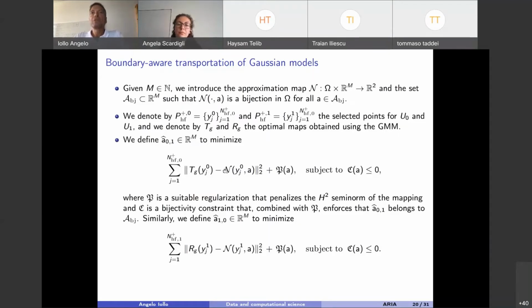This is done both for the forward mapping and for the backward mapping. And so we are able to project the mapping that we found by the Gaussian model, and which is not boundary aware, in the space of mappings that are boundary aware by this minimization technique. And we can discuss this.